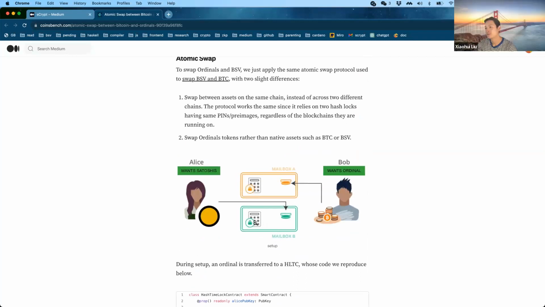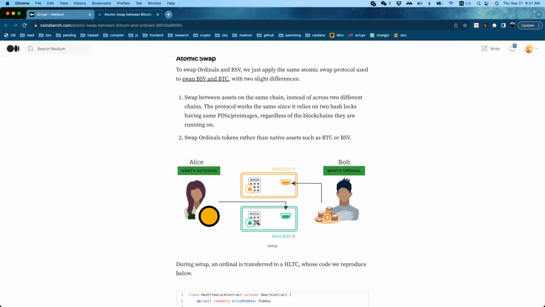Yeah, this is Bob's mailbox. Yes. So this ordinal is a UTXO. Can't she send the UTXO to herself later, and then it's already spent?